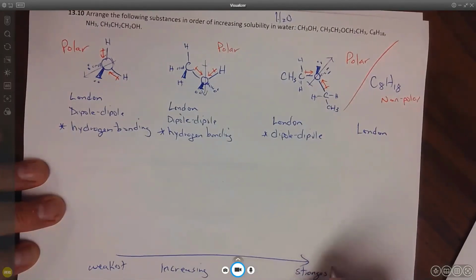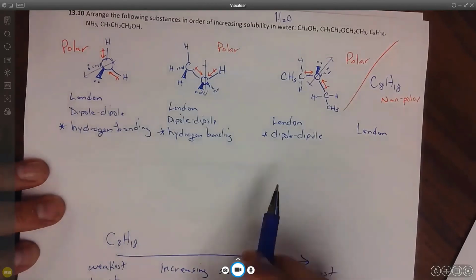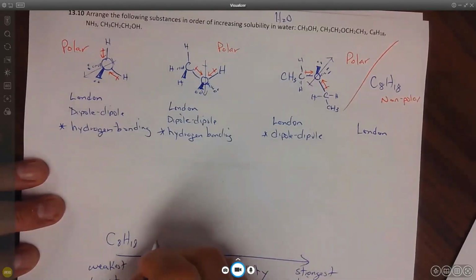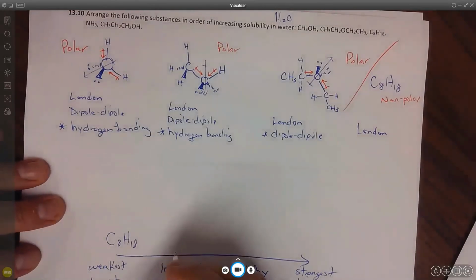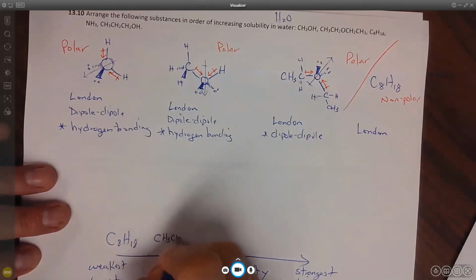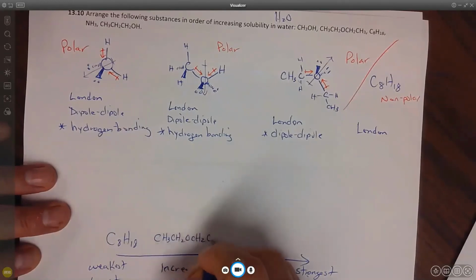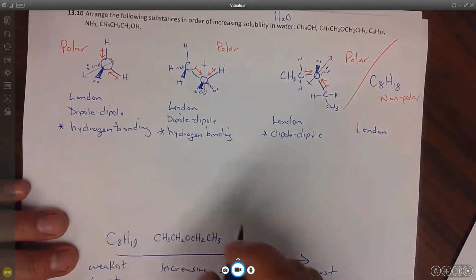The octane, C8H18, would be the weakest, followed by CH3CH2OCH2CH3, so the ether, which is just diethyl ether, commonly known as ether. Then you said the methanol, CH3OH.